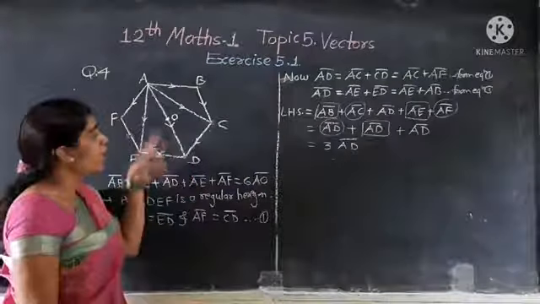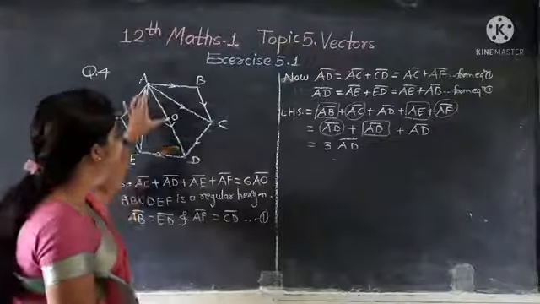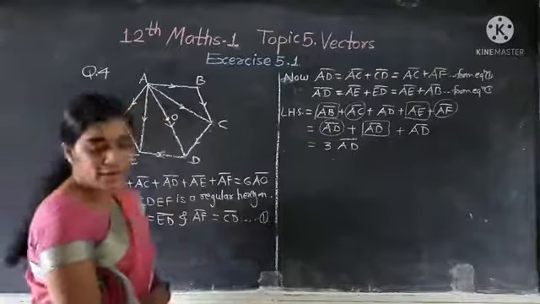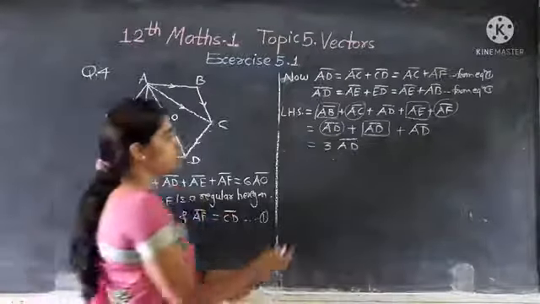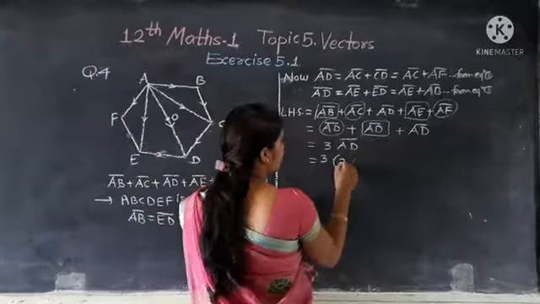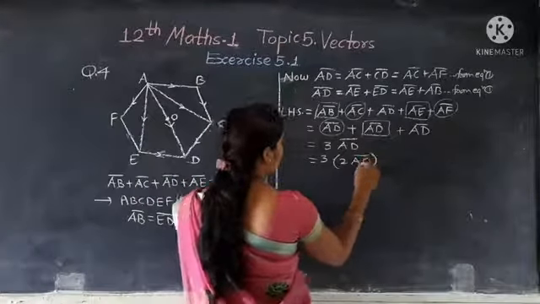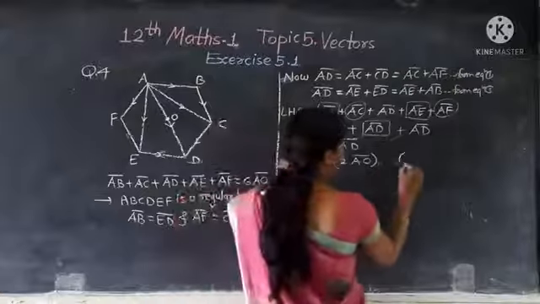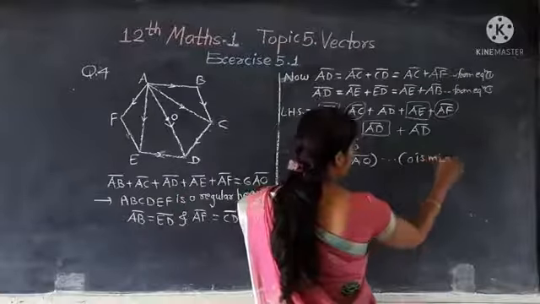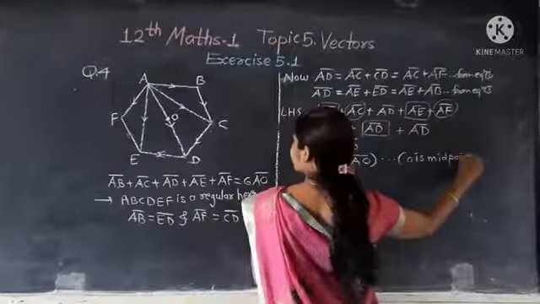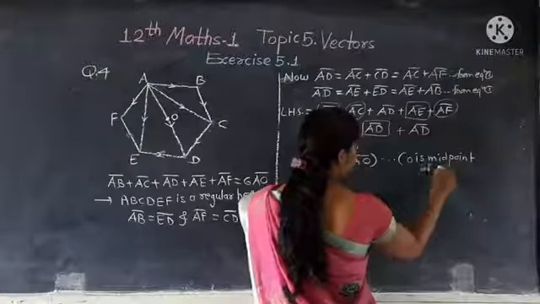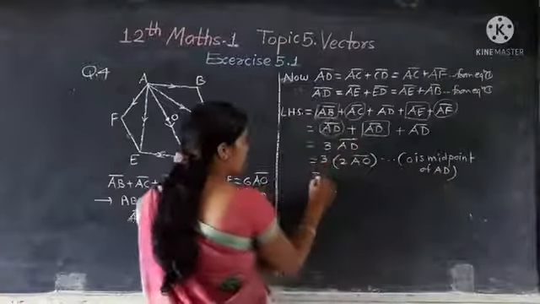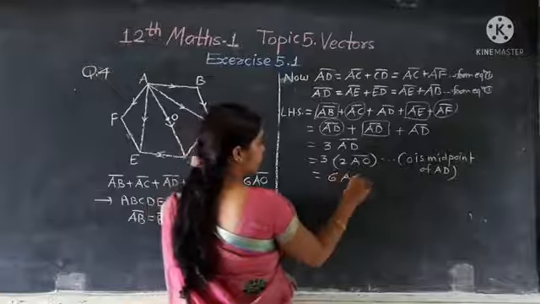See AD bar. AD bar means we can write 2 times AO bar. So AD bar we can write as 3 into 2 times AO bar, as O is the midpoint. So lastly we get 6 AO bar.